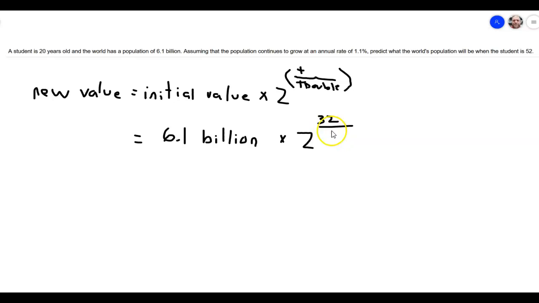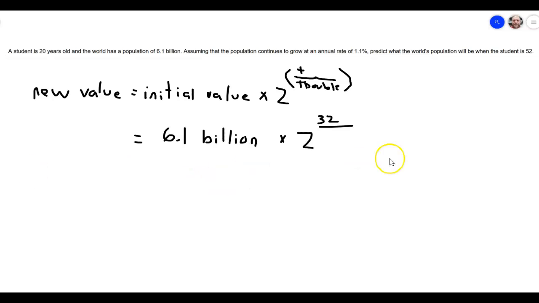And then on the bottom of that exponent, we need to find out how long it takes this population to double, because that's the t double. We have a different formula for that.